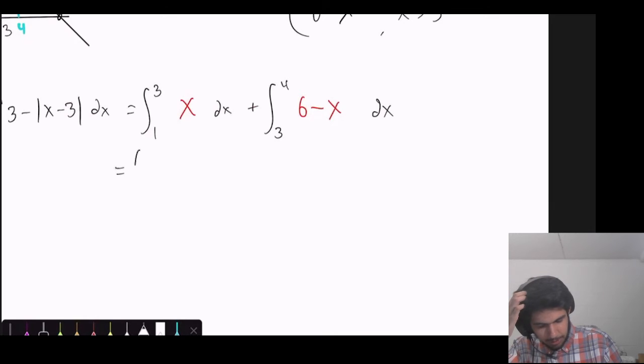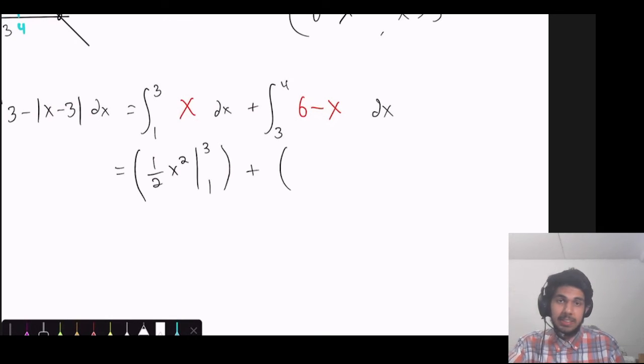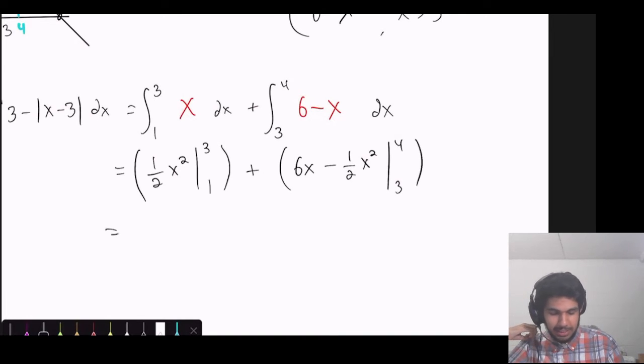So this is going to be equal to the integral of x, which is 1/2 x squared, evaluated from 1 to 3. And then the integral of 6 minus x: the integral of 6 is 6x, minus 1/2 x squared, evaluated from 3 to 4. We have to do these individually, and then we'll combine them together.